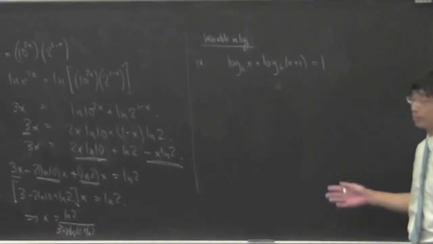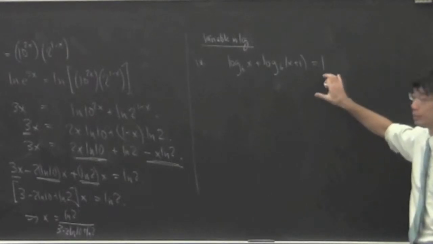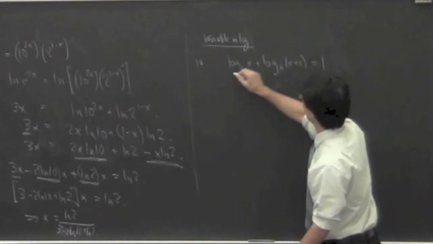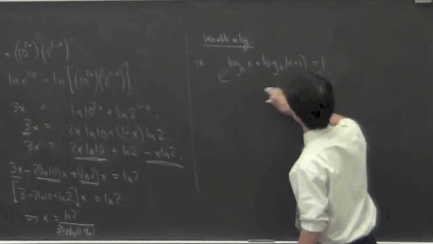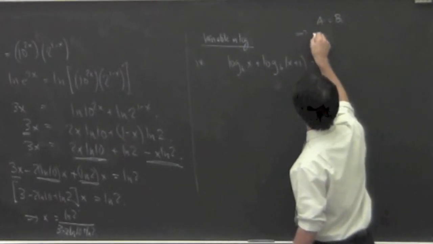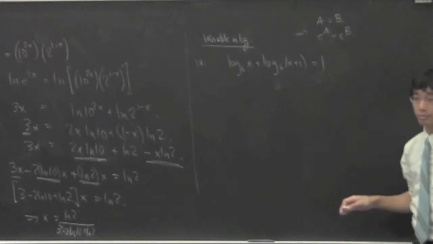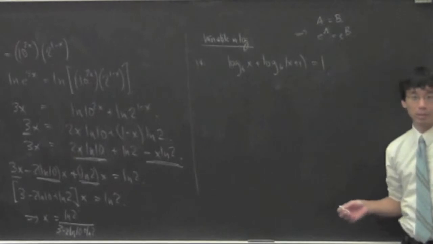You remember in the first example, all we did was take the exponential of both sides. We had a equals b, and then we hit the thing with the exponential function. We're going to do basically the same thing here.